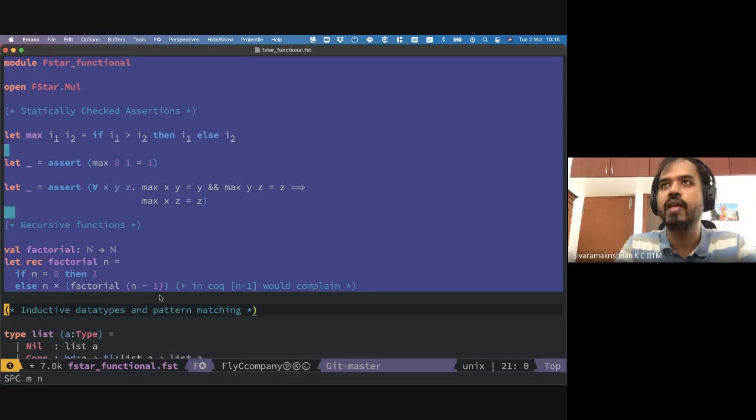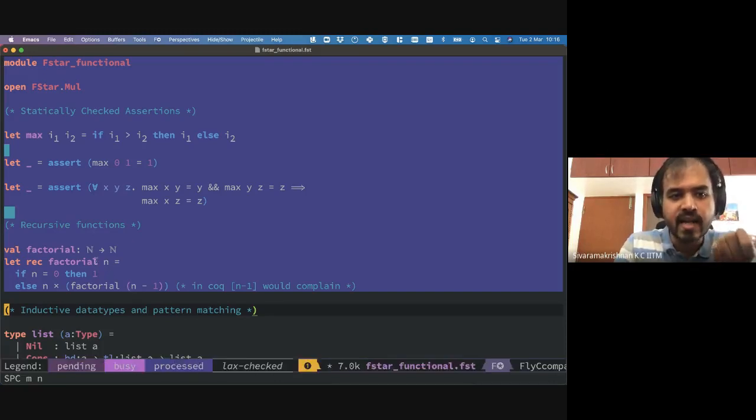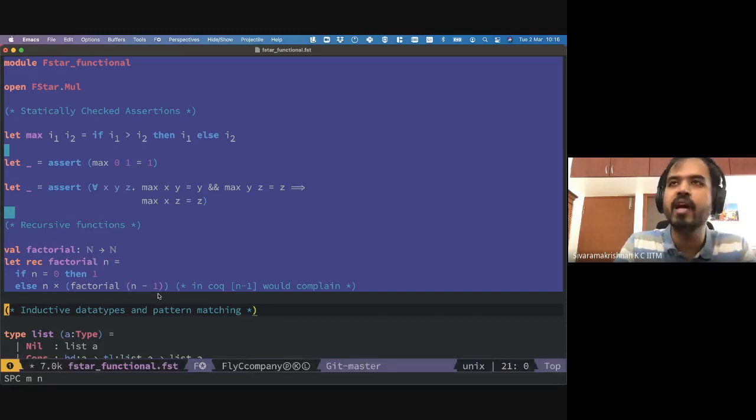F star is not complaining because it is using the SMT solver to reason about integer theory. In particular, it knows that n minus 1 is a natural number, and when you subtract 1 from a natural number, it is going to be a natural number that is smaller than the input number. That is the reason why F star can agree that this function is going to terminate. So the termination is really the important bit that I wanted to emphasize here.